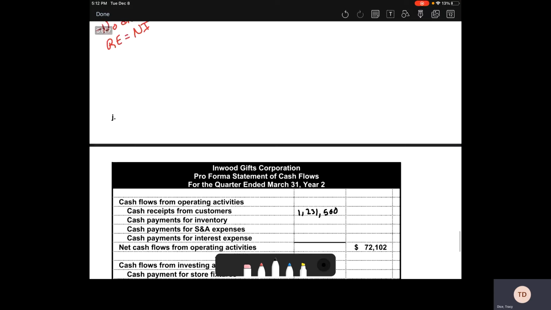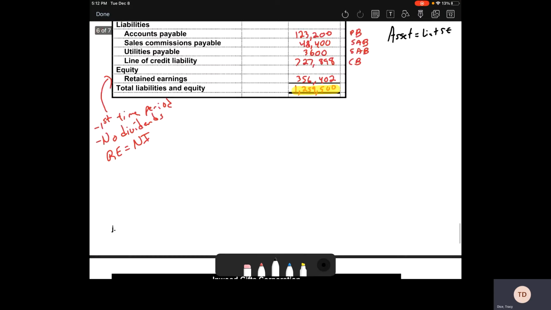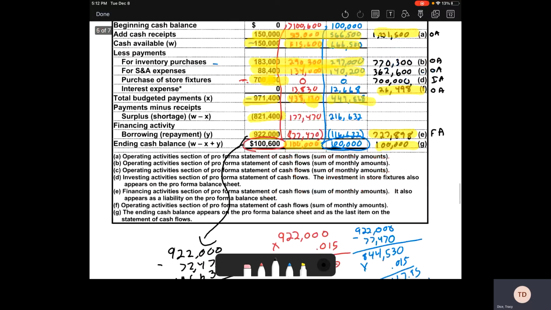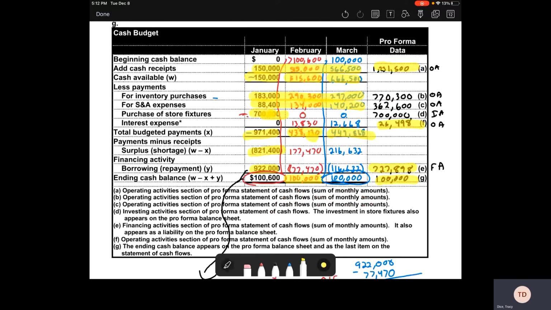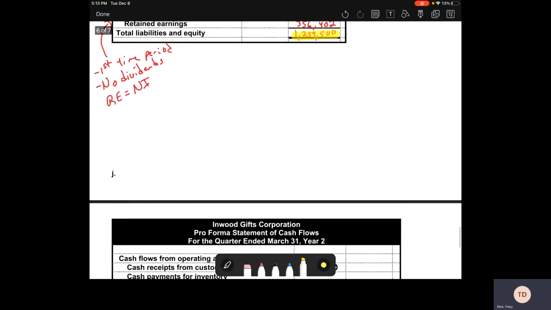So now we go find our inventory, our selling and administrative, and our interest expenses. So that's going to be, we used A, now we're going to use B, C, and F. So the 770,300, the 362,600, and the 26,498. Those are, again, my operating expenses or operating activities.